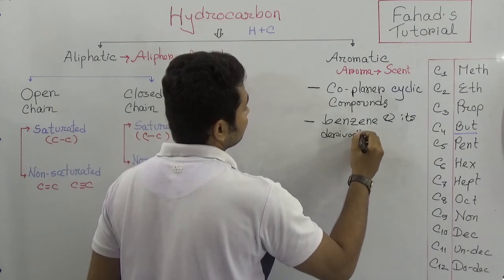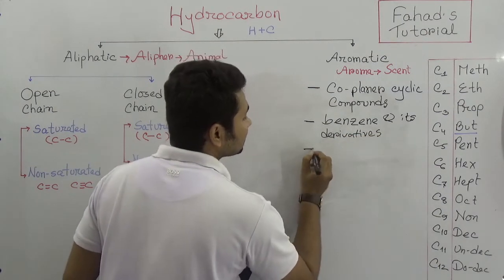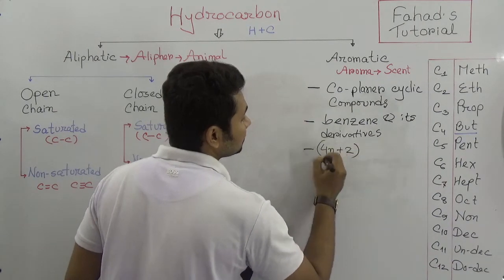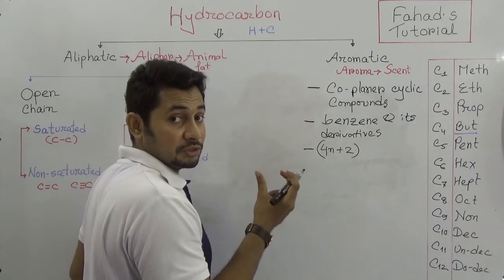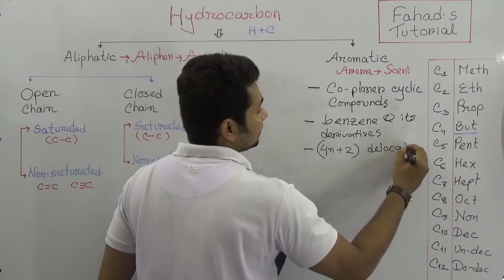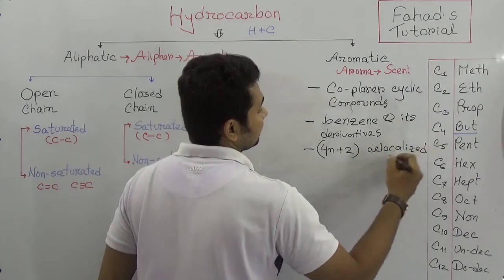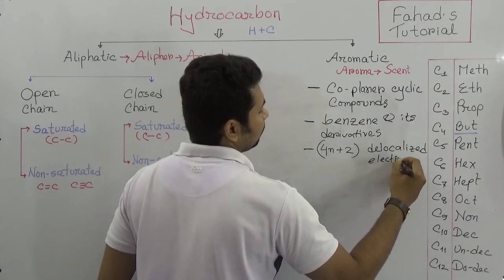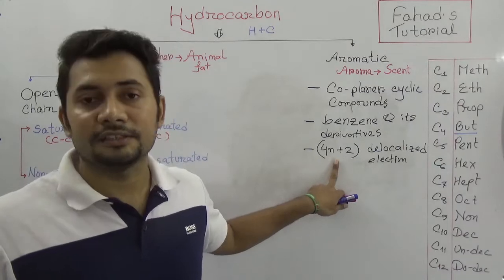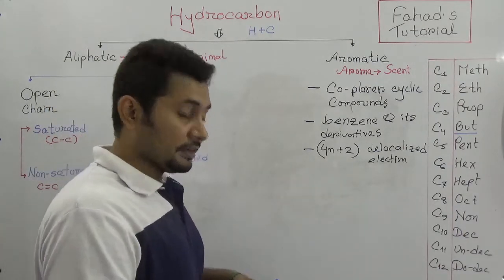And it has 4n plus 2 delocalized electrons. Now you must ask, what is 4n plus 2? What is the mystery of it? It's all about Huckel theory. So I shall explain it.